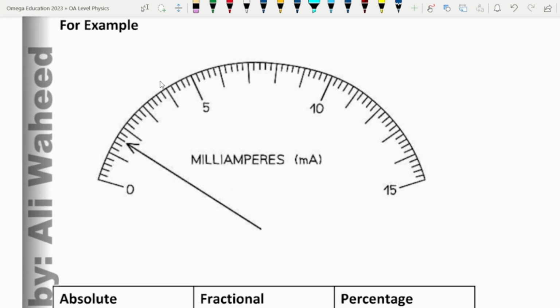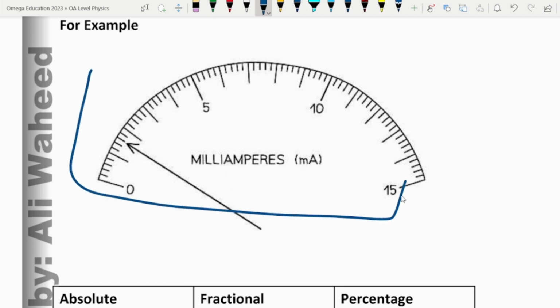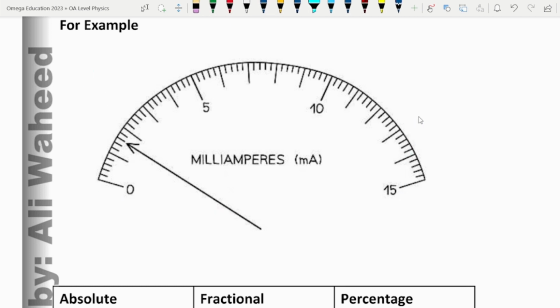So here we have a scale of an ammeter. An ammeter is a device which is used to measure the electric current. So what is the principal value? Let us find the principal value by reading the scale. If you read the scale, after 5 lines we get 1, then 2, then 3, then 4, followed by 5.